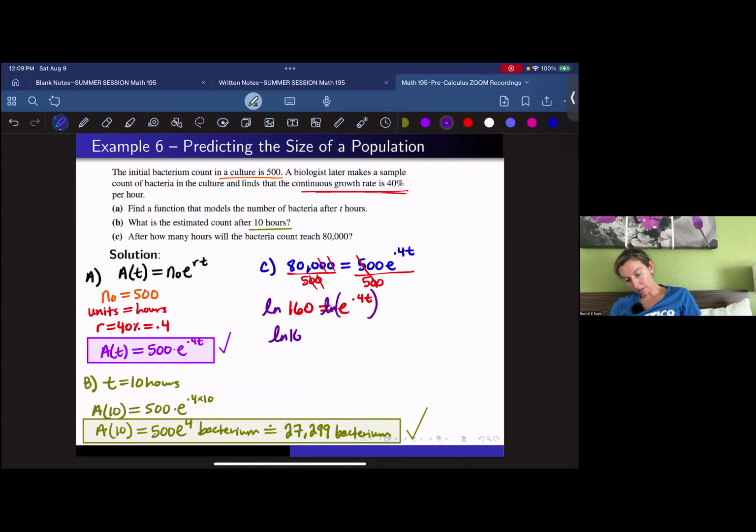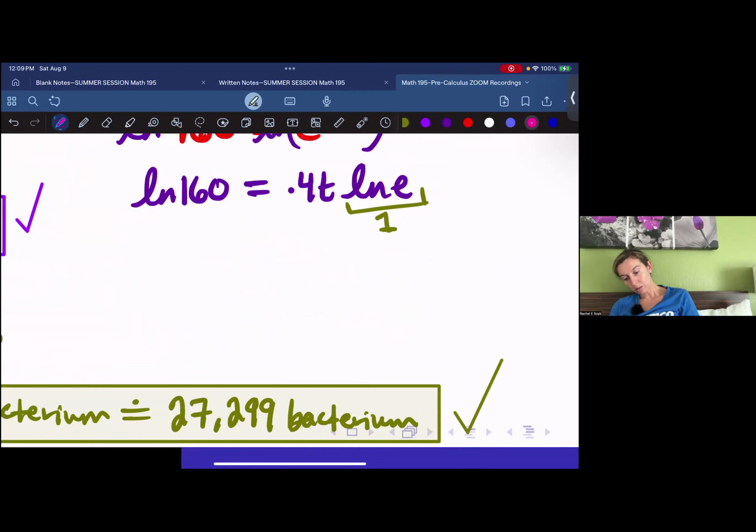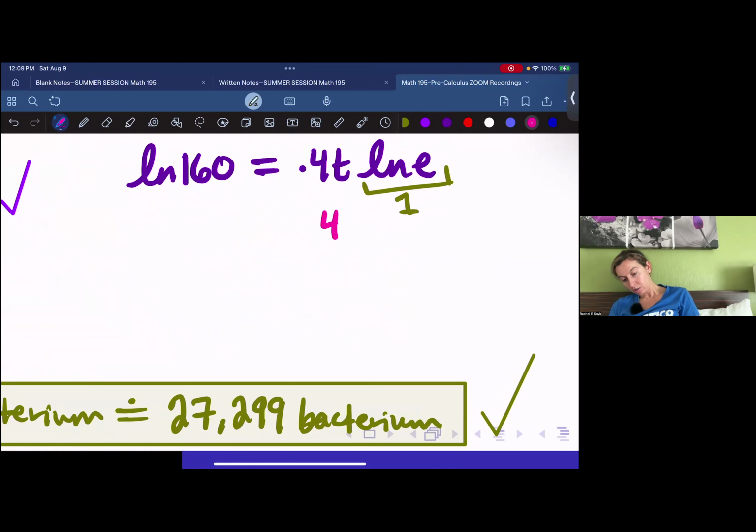So we get ln of 160 is equal to, bring that exponent out in front, natural log of e just shoots to 1, and then 0.4 as a fraction is just 4/10. So that right-hand side is just 4t over 10, which really we can reduce a bit more.